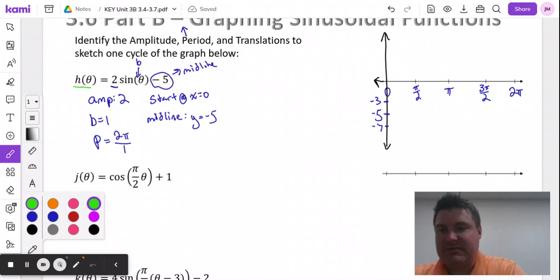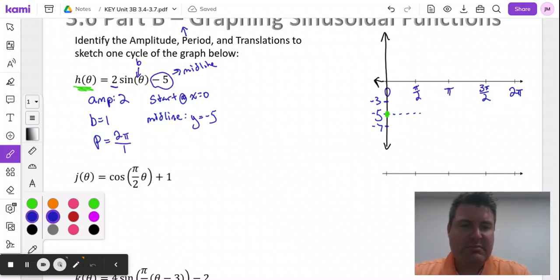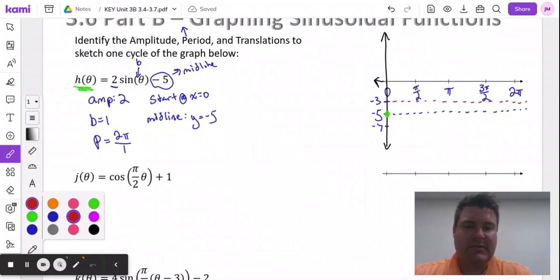I'll sketch this in green. Since this is sine, we're going to start on the midline. Actually, real quick, I'll sketch that midline out here. Okay, so that's my midline. I'll go red as the upper part, and then I'll go this red as the lower part. So you can see where our graph is going to fit in here.